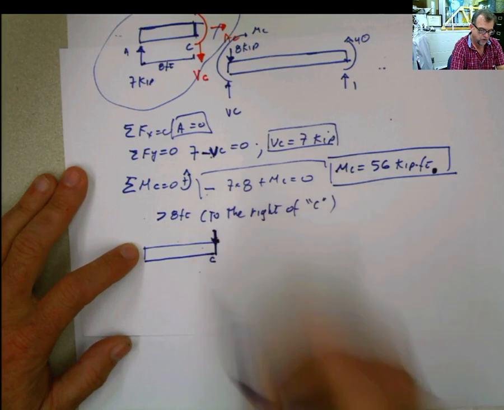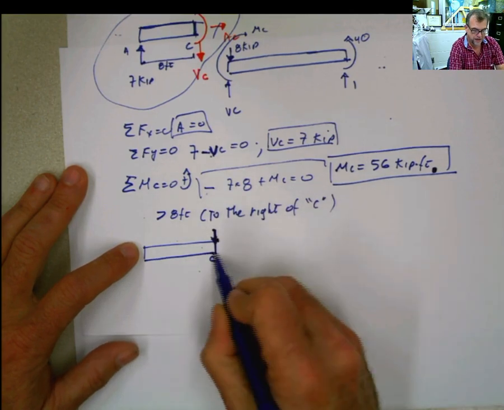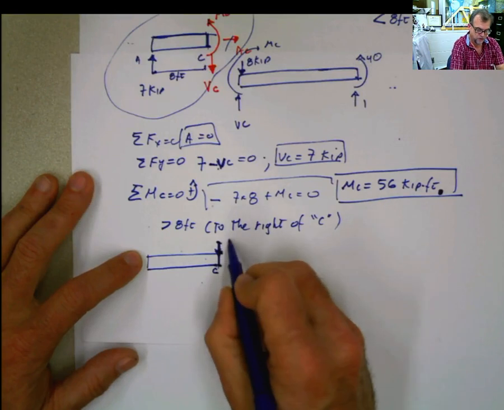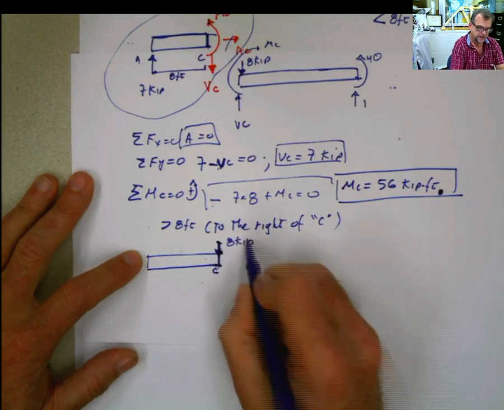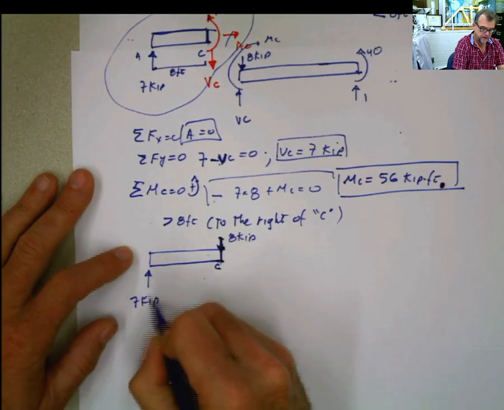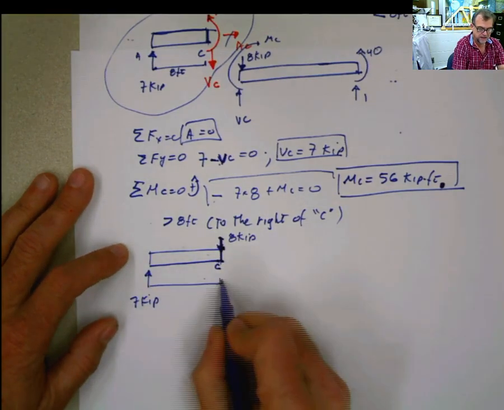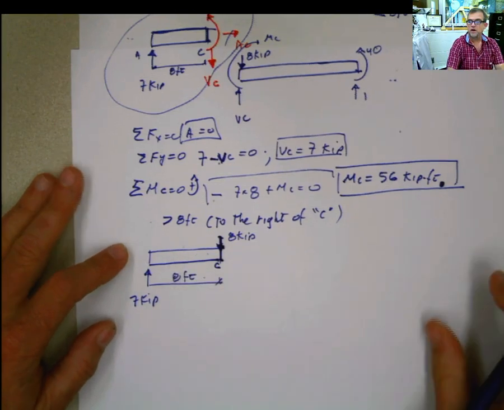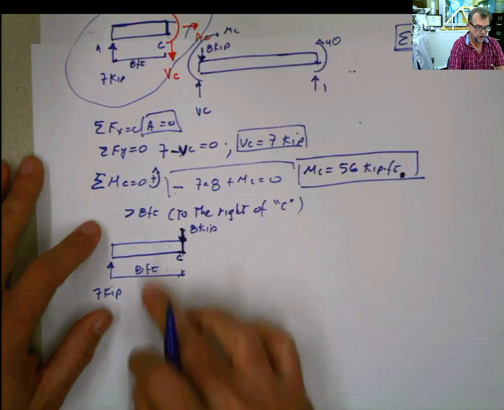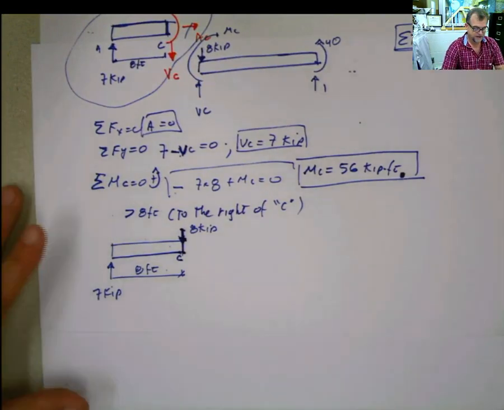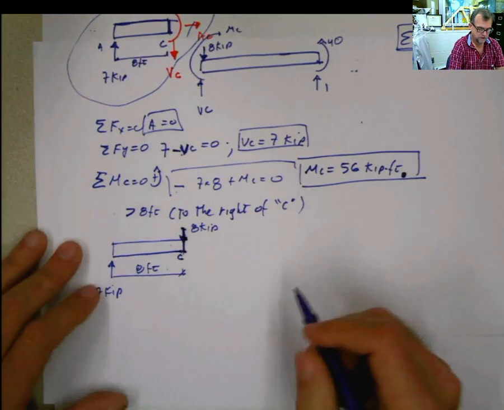So the section is past the force, so the force is going to be acting there. This is my 8 kip force on this side. This is my 7 kip reaction, and this distance is still 8 feet. And if you are one of those mathematicians that argue this is not 8 feet, okay, 8 feet plus a differential of distance, 8 feet in layman's terms.